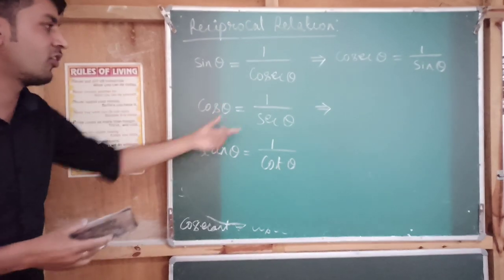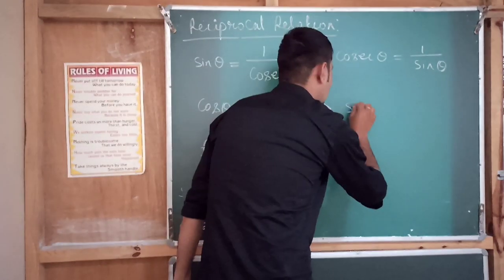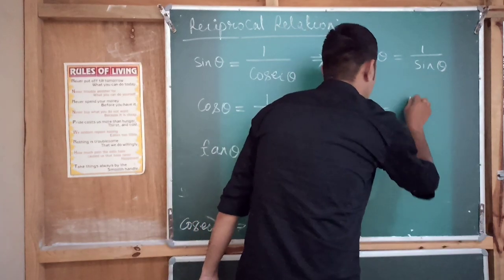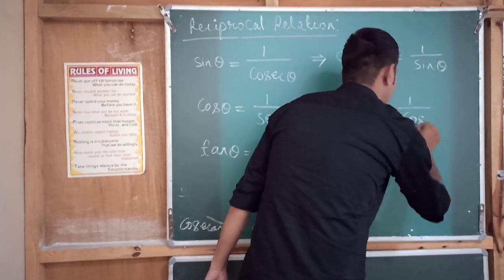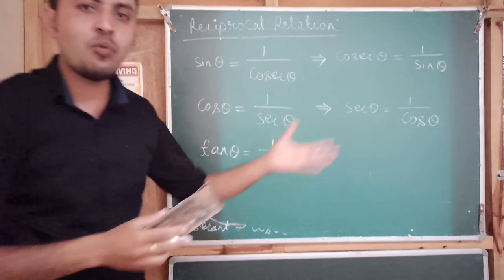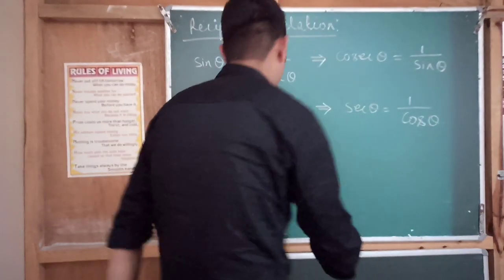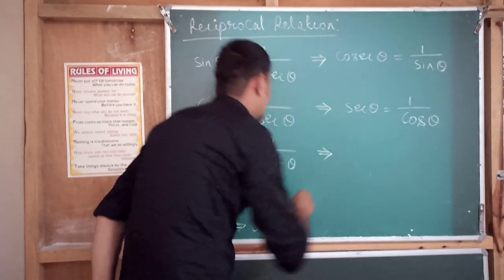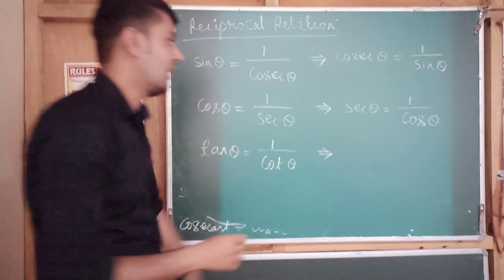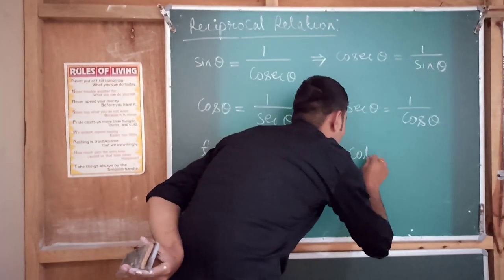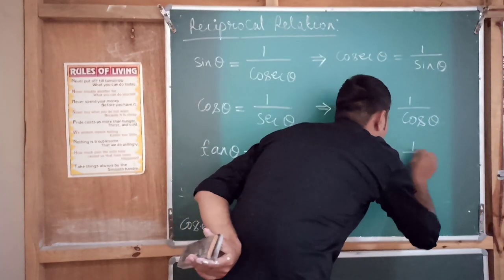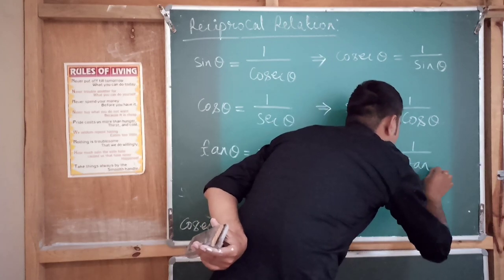You will be getting sec theta. What is sec theta? 1 by cos theta. And finally, what will be your cot theta? Your cot theta will be 1 by tan theta.